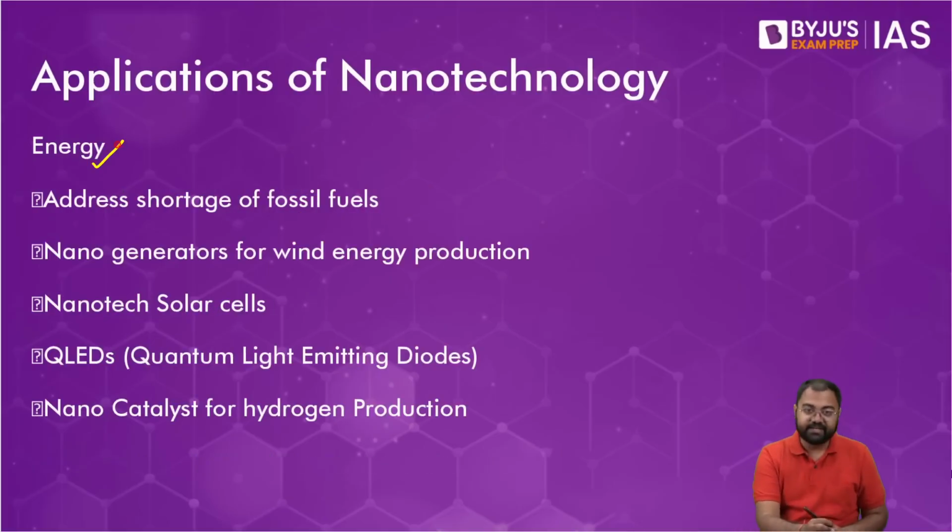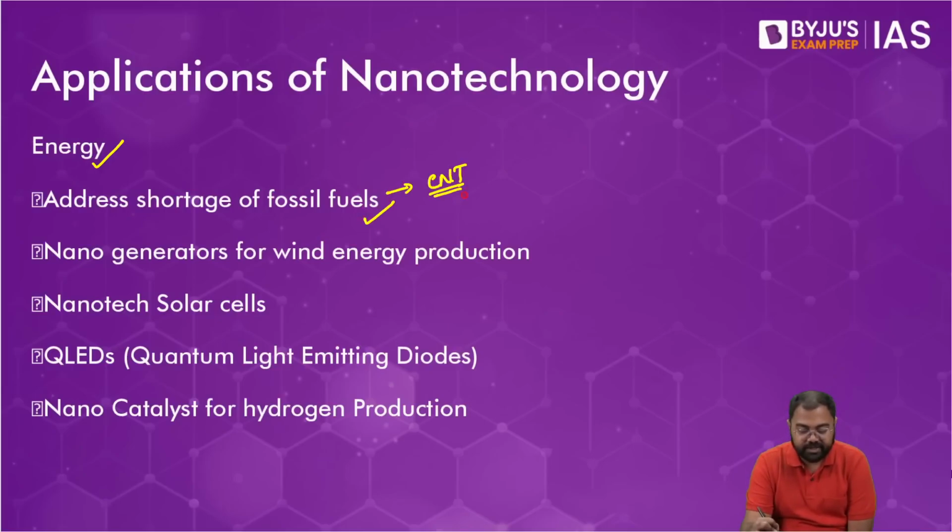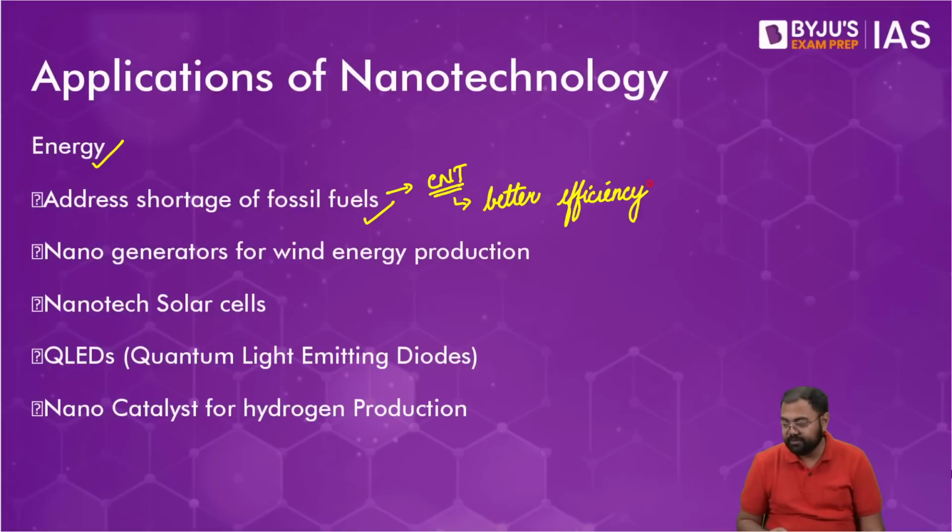Then in the energy sector, what do we see? That they can actually address the shortage of fossil fuels. For example, we discussed carbon nanotubes and how carbon nanotubes have better efficiency, correct? That they can showcase better efficiency as compared to many of the others. So in this particular scenario, they would be able to address the shortage of fossil fuels. Then similarly, in making nano generators for wind energy production, we see that we have been trying some of the carbon-based material like carbon nanotubes largely in them.